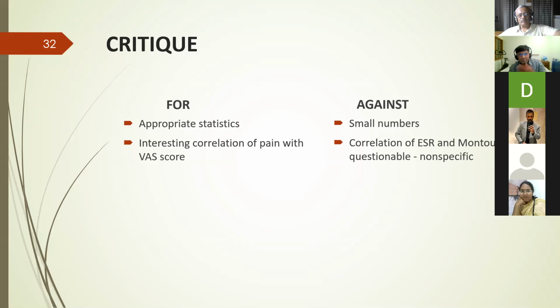Yeah, I totally agree with that. But I put it under the interesting correlation of pain with VAS score purely for discussion, because I don't think you can correlate any positive or negative findings with the intensity of VAS score, other than post-operative pain. That's the point I was trying to make.